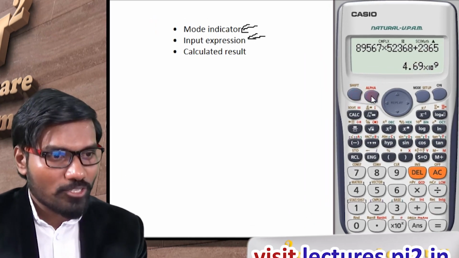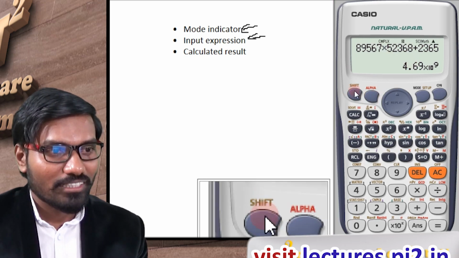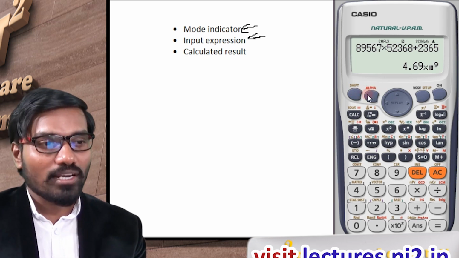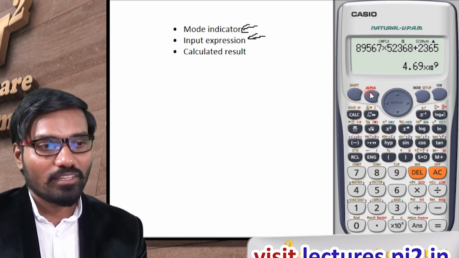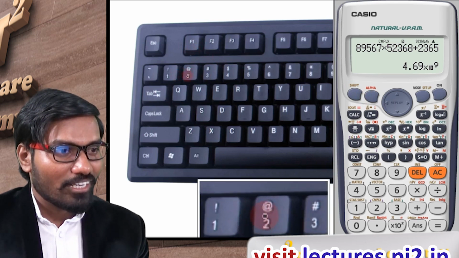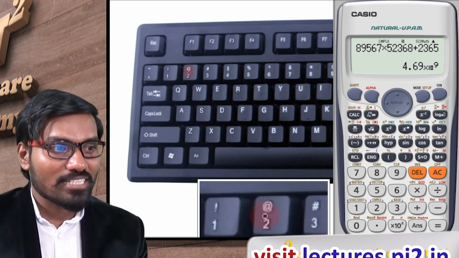Now let's go to these two buttons. What are these two? Shift and Alpha. Here Shift is there, here Alpha is there. What do Shift and Alpha stand for, and what will they be useful for? In a regular keyboard also, this key can give number 2 as well as the at-the-rate symbol.